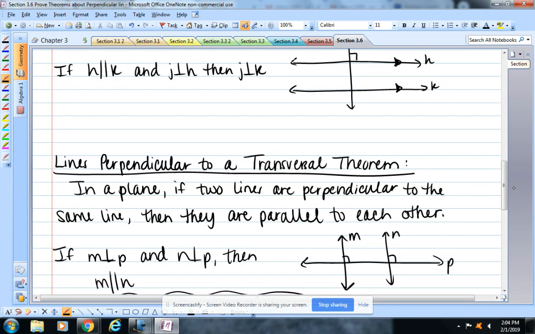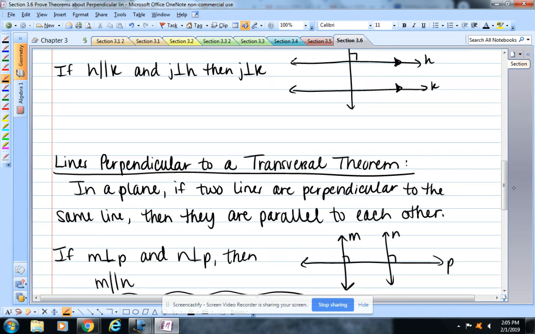In a plane, if two lines are perpendicular to the same line, then they are parallel to each other. So if I have a transversal that goes through two lines, and both of those lines are perpendicular to that transversal, then those two lines must be parallel to each other. So it is pretty much the converse of the one before it. Okay? So if we're perpendicular to both lines, then those lines must be parallel.